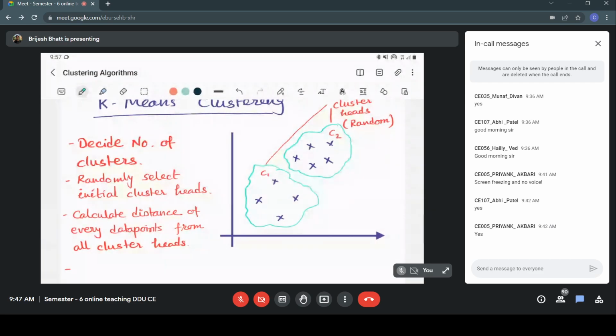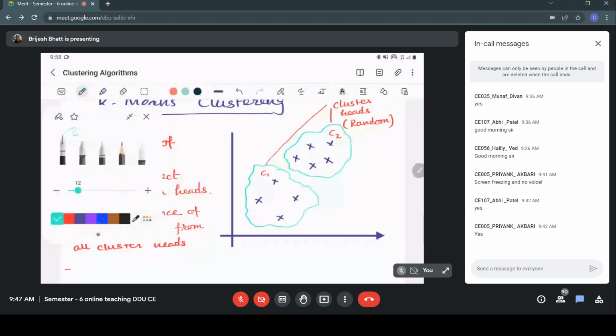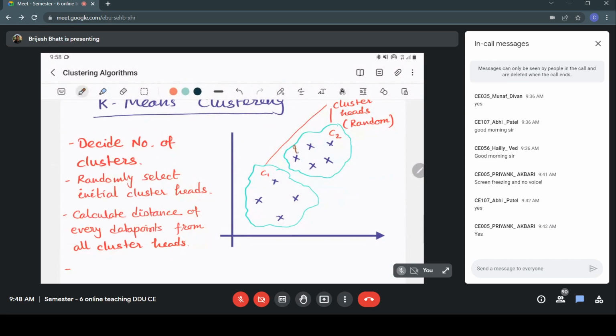Or maybe there might be some iterations of the algorithm also. For example, if you are taking a decision for this data point, if you notice its distance from C1 is less than the distance from C2, though I have not actually drawn anything to scale, but from visual inspection it looks like that. So in your first iteration, you might get something like this.